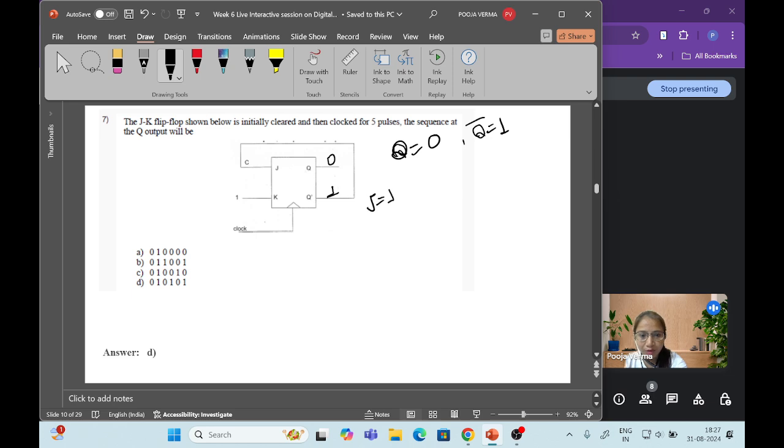J is 1 because initially Q is 0, it is cleared, so Q dash will be 1. Q dash is connected to J, which means J is also equal to 1. And K is always set to 1, so K is also 1, right? So what will be Q? What is the value of Q in that case when J and K both are 1?